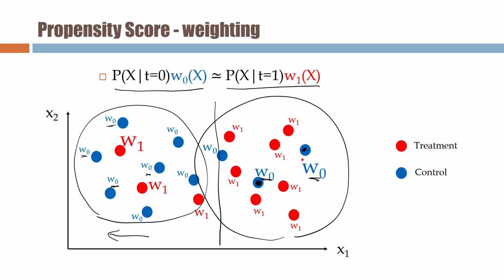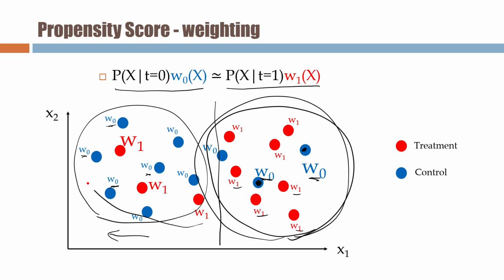So it's the same thing. On this side there's a lot of red, so red will have a very small weight, but here there are only a few red, so I'm giving a high weight here. By applying the weight, it becomes similar.